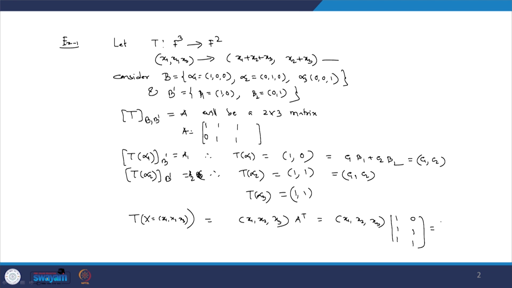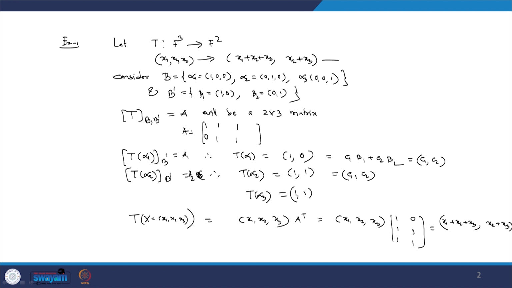So, this is equal to (x1 plus x2 plus x3, x2 plus x3). In this example, I found that if T is a mapping from 3-tuple space to 2-tuple space, and A is the matrix representation of T related to B and B prime, then the linear transformation T can be defined as X into A transpose.